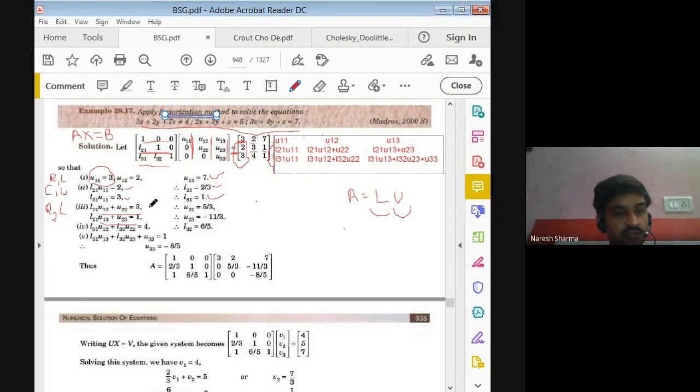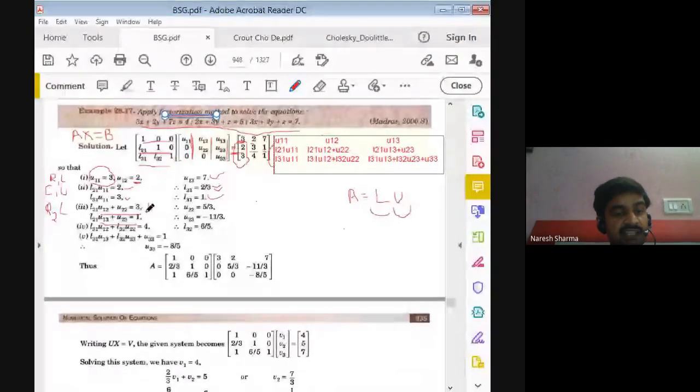We know the values of L21 and U12: U12 is 2 and L21 is 2 by 3. Put these two values here and shift to the right-hand side, which gives 3 minus 4 by 3.